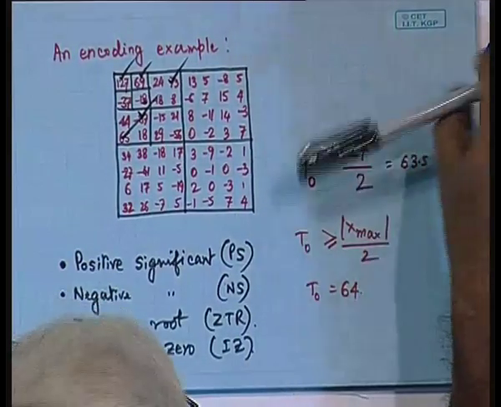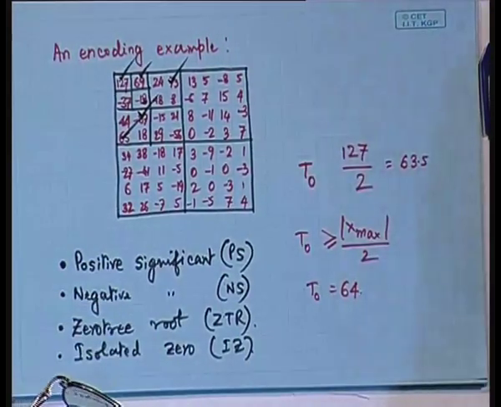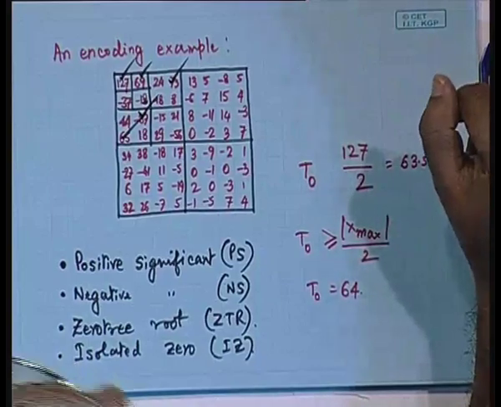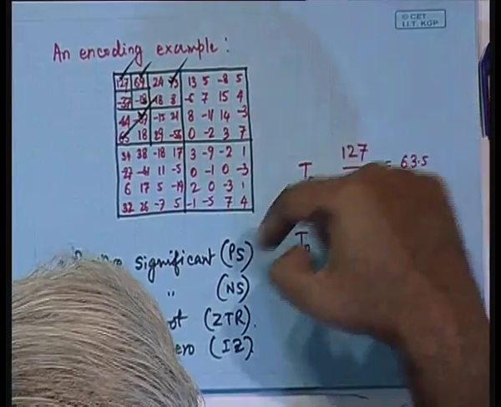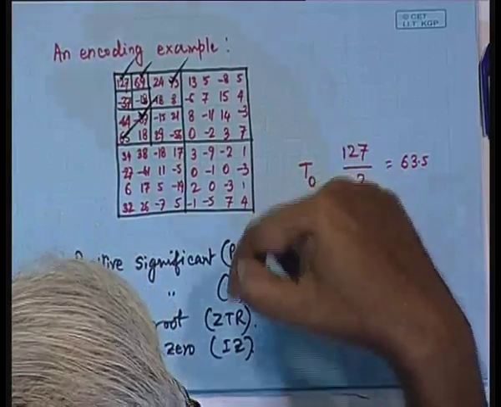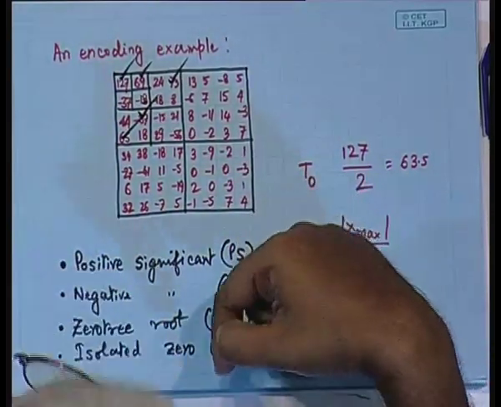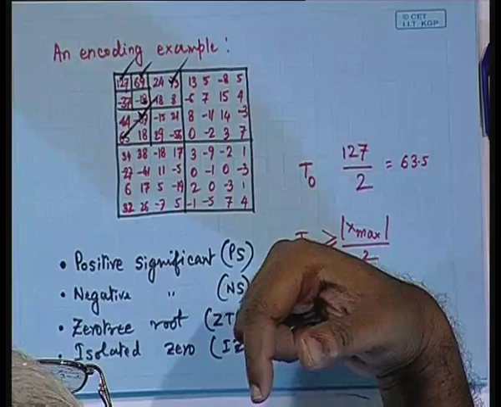So, whenever we are encoding the coefficients, every coefficient, we have to remember that we have to encode the coefficient in one of these 4 categories.